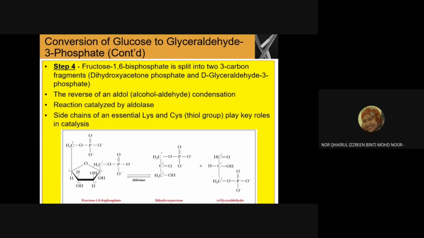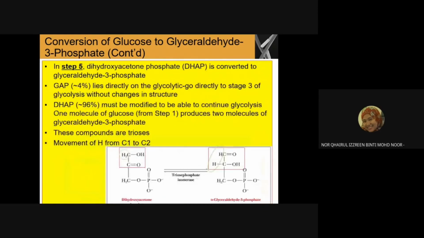Each has 3 carbons. In step number 5, DHAP is converted to glyceraldehyde 3-phosphate, because DHAP cannot continue the glycolysis pathway in the second stage. It is glyceraldehyde 3-phosphate that continues the pathway.